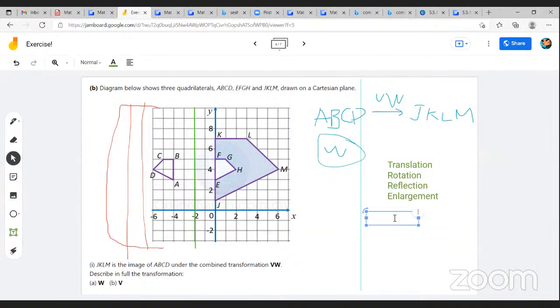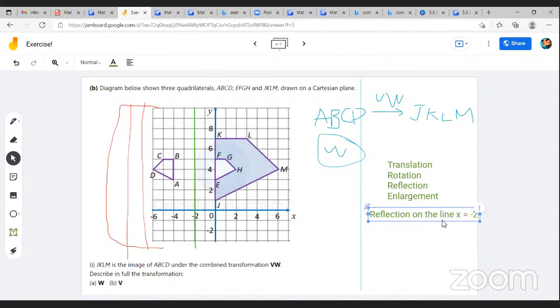The image undergoes reflection at -2. At -2, close, almost. Is it at -2? I'm not sure. Don't worry. It's a learning process. It's reflection on the line x equals -2.